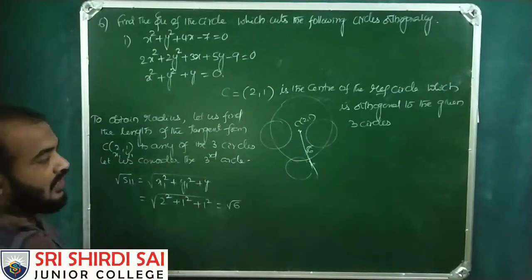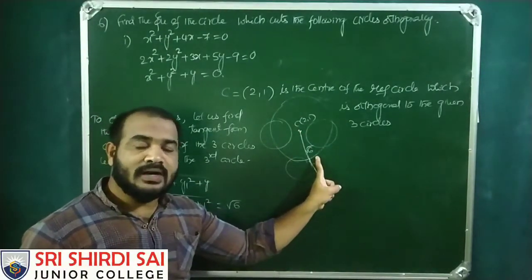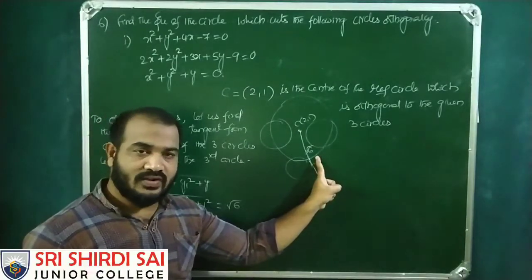Therefore, we have the center C (h, k) and the radius r. So, (x minus h) whole square plus (y minus k) whole square equals r square.